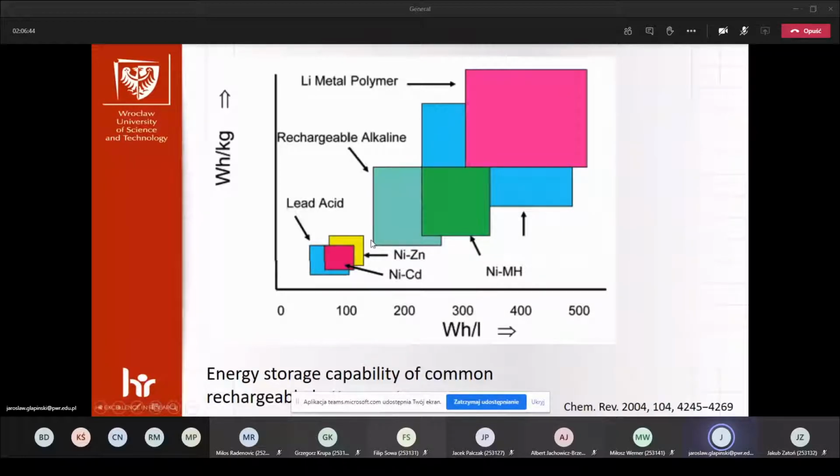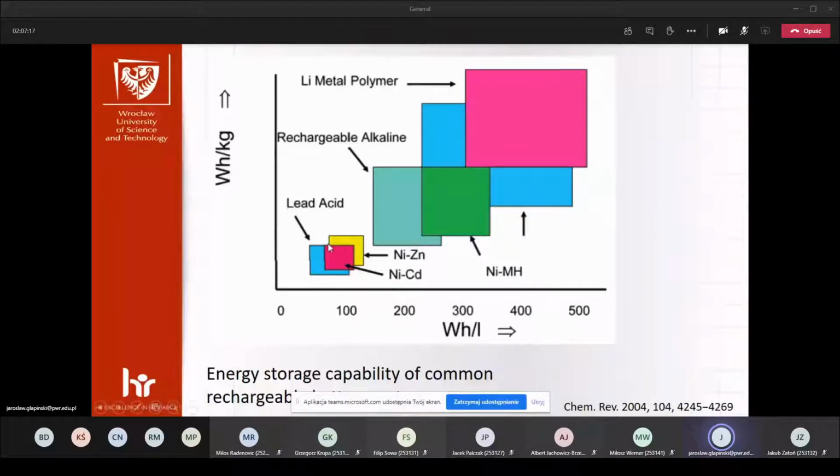Here we've got nickel cadmium, nickel zinc accumulators. Here we've got alkaline batteries, nickel metal elements, and our lithium ion. This is lithium metals or lithium ferrum or lithium ion batteries.